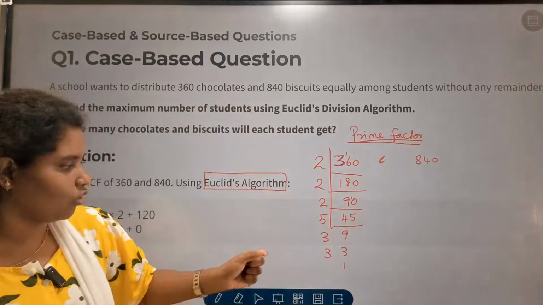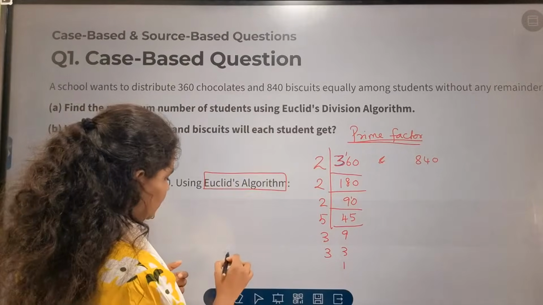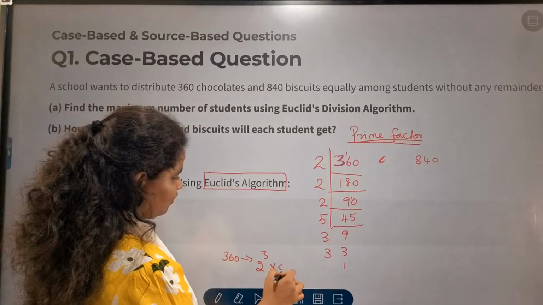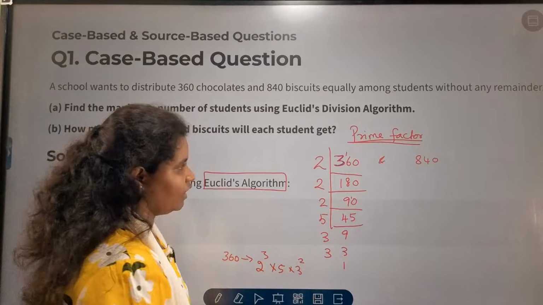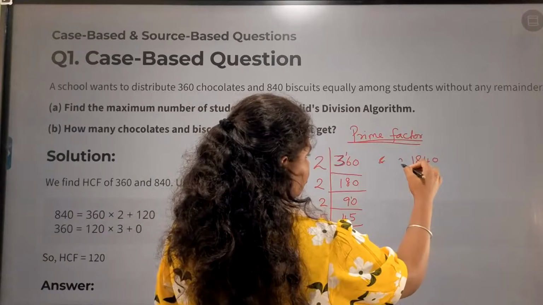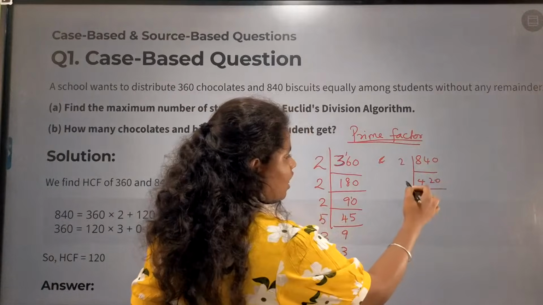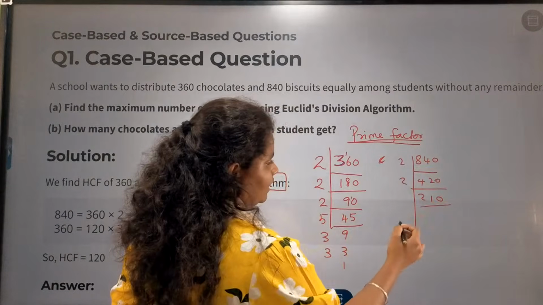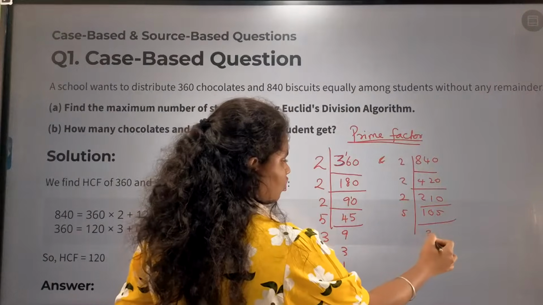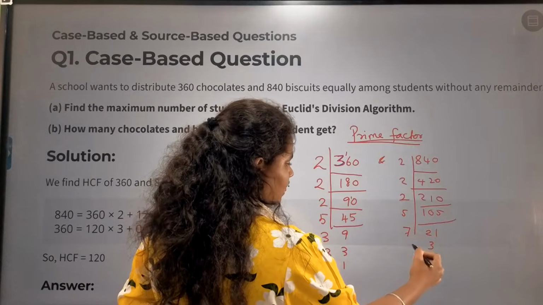So for 360, the value is 2 cube into 5 into 3 square, and for 840, 2 4 times, 2 2 times, 2 1 time, 2 5 times, 5 2 times, 5 1, 7 3 and 3 1.